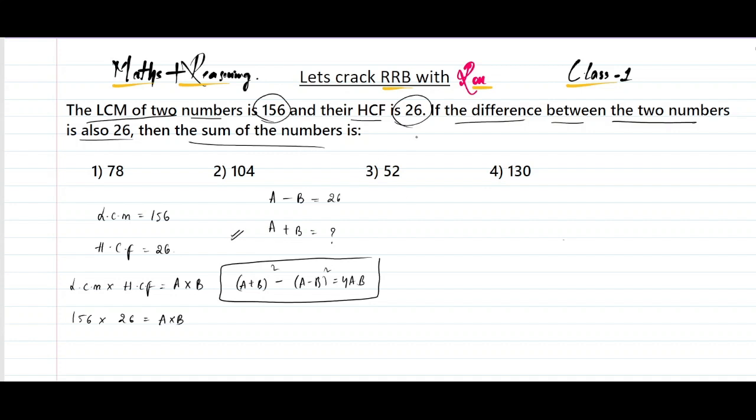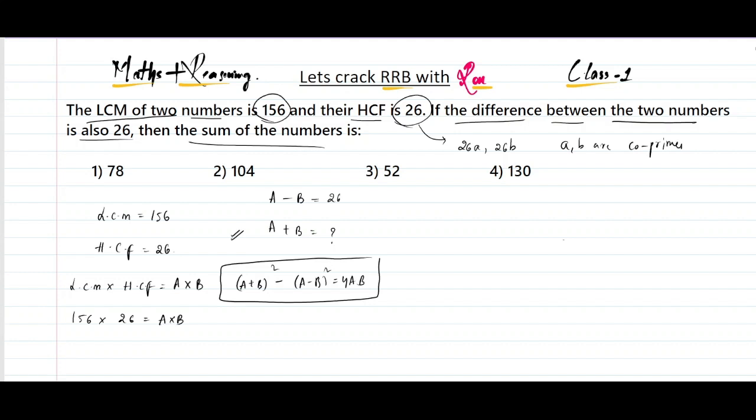And one more method is, here they are given 26 is their HCF. If 26 is their HCF, what are the two numbers we can assume? One is 26a, let us assume small a, and another number is 26b, where a, b are co-primes.